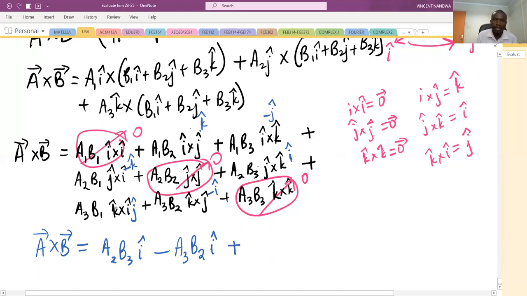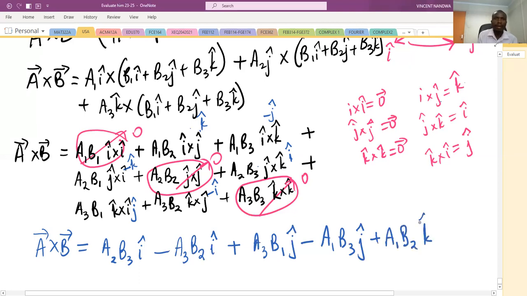So j positive is this one here, so I'll have A3, B1, j. This is negative, so negative A1, B3j. k positive is this, so plus A1, B2k. And then this one is negative k, so negative A2, B1, k.